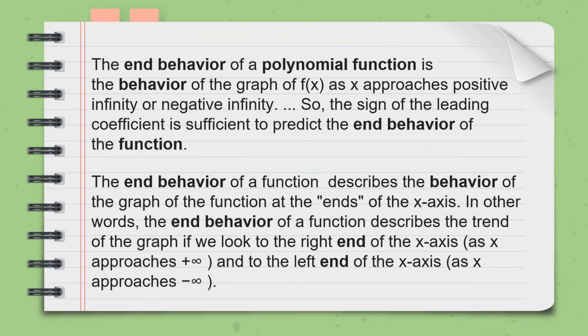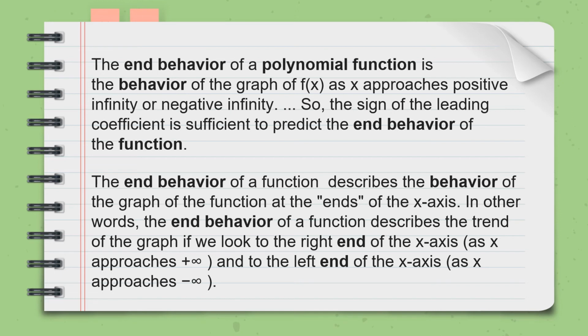The end behavior of a polynomial function is the behavior of the graph of the function f(x) as x approaches positive infinity or negative infinity. So the sign of the leading coefficient is sufficient to predict the end behavior of the function.